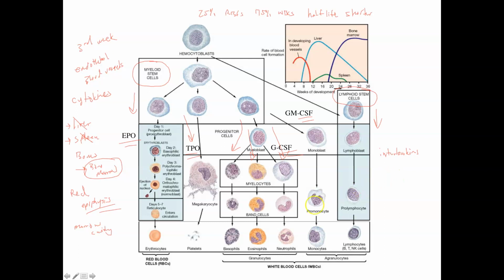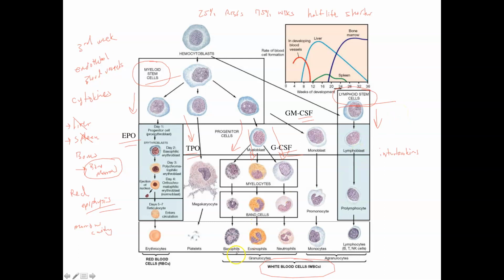So if we were just going to focus on the production of white blood cells, what we call leukopoiesis, then we know we're focusing on this idea of colony stimulating factors. What you should note, again, is that it takes both myeloid stem cells and lymphoid stem cells to produce the 5 types of white blood cells.